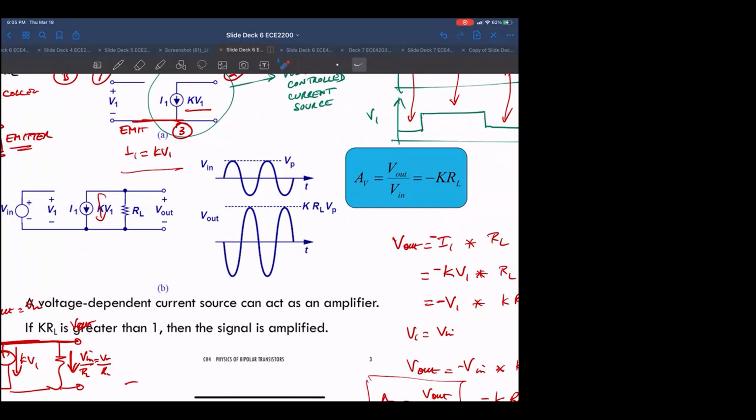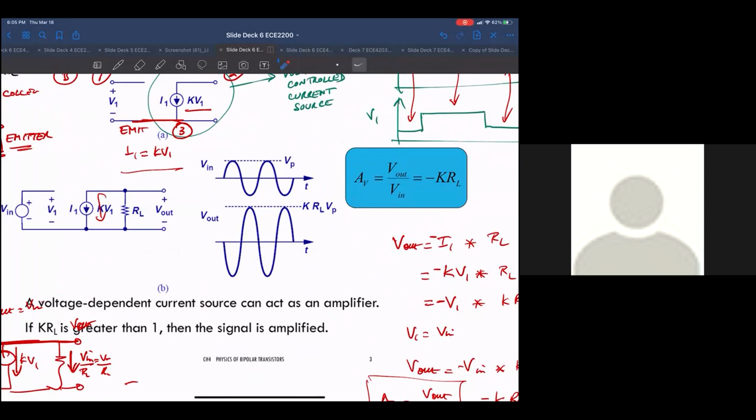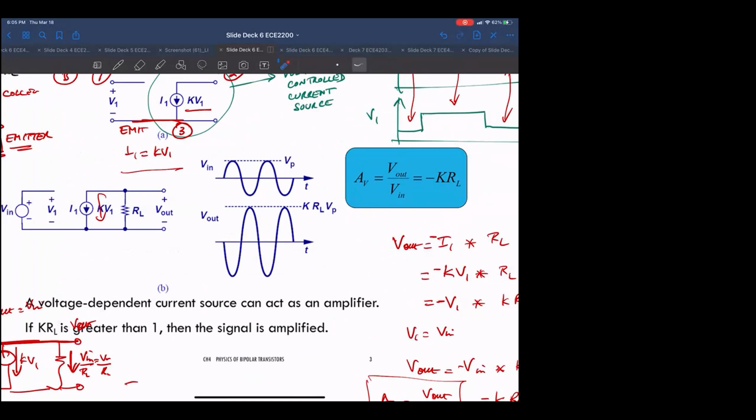There's a difference between negative gain and attenuation. Attenuation means the amplitude of the output is going to be smaller than the amplitude of the input. That's not what negative gain means. All negative gain means is the output has a negative polarity compared to the input.